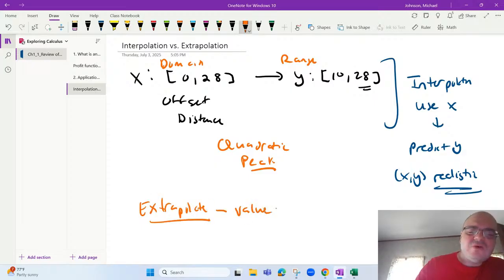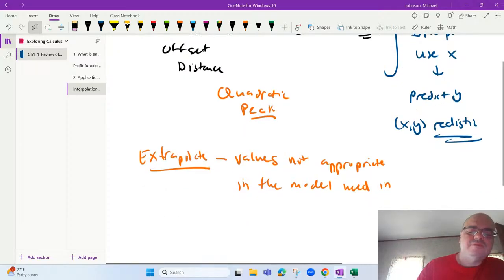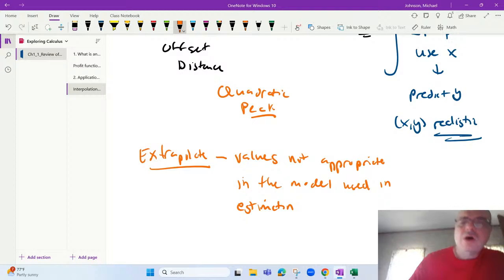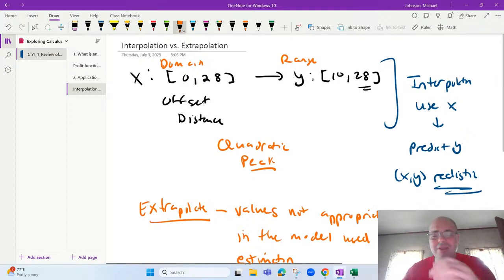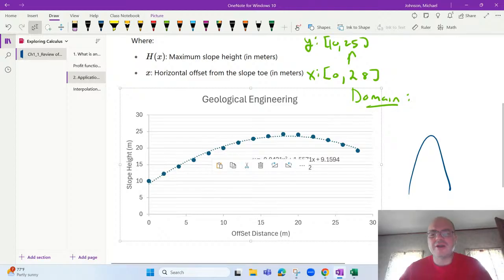So it's values not appropriate in the model used in estimation. So I'm going to use mine rather than the one the book gave. Here is the model that truly fits best.